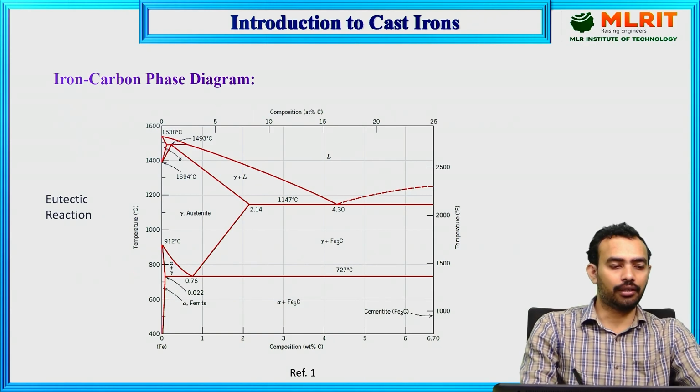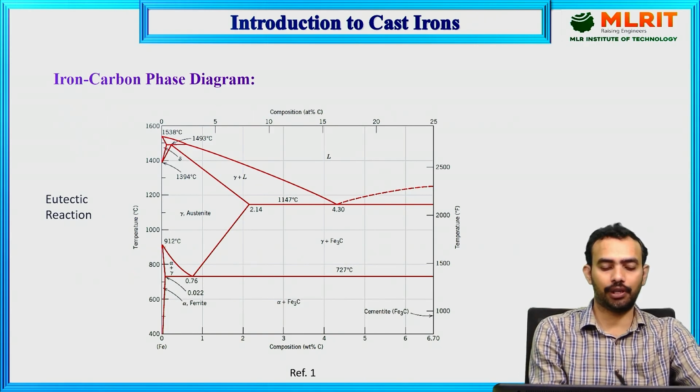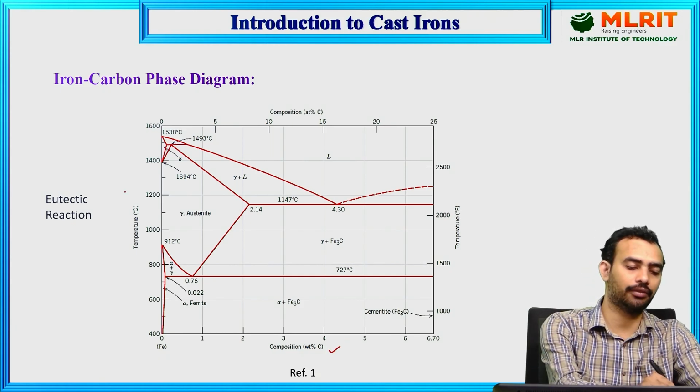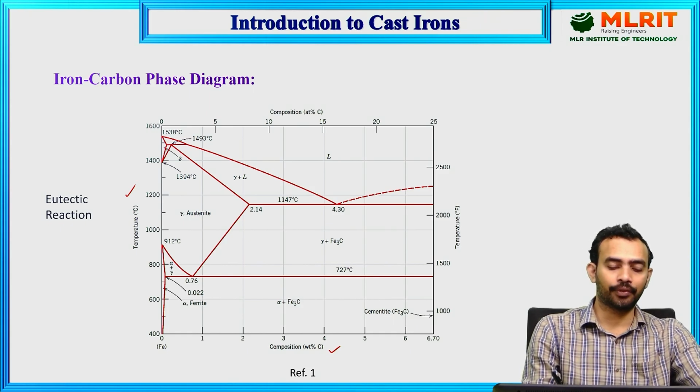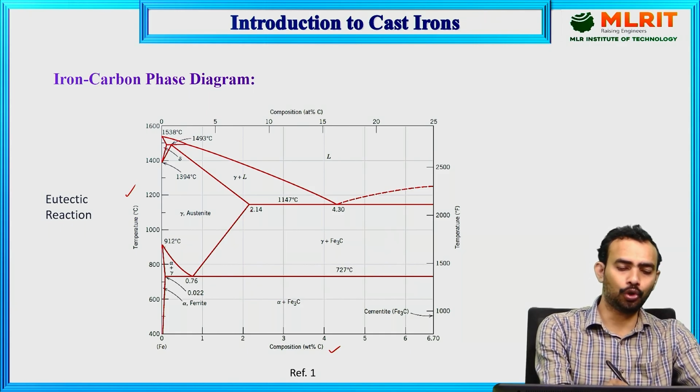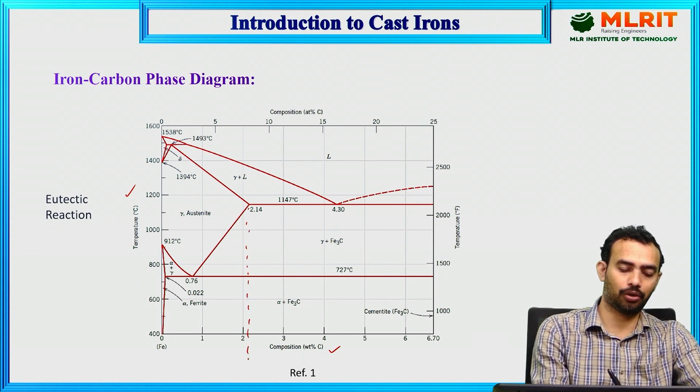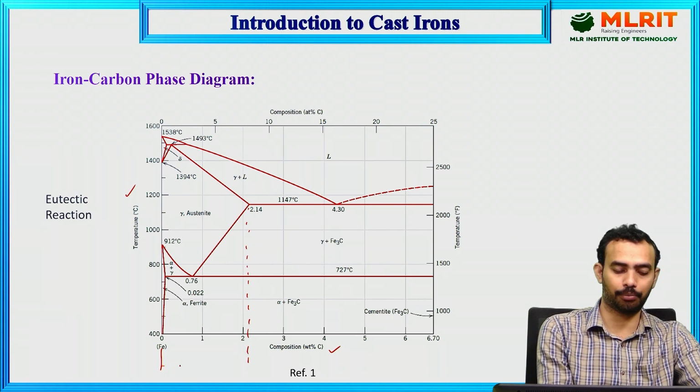If you look at the iron carbon phase diagram, we have on the x-axis the composition, weight percentage of carbon. Then on the right side we have temperature in degree centigrade. Up to 2.14, this category, we call steels, iron carbon alloys.